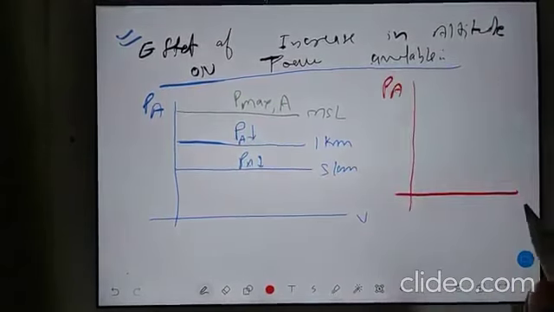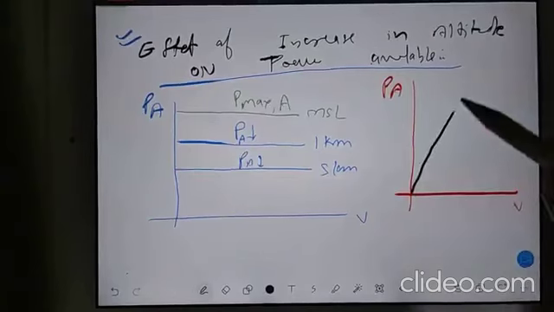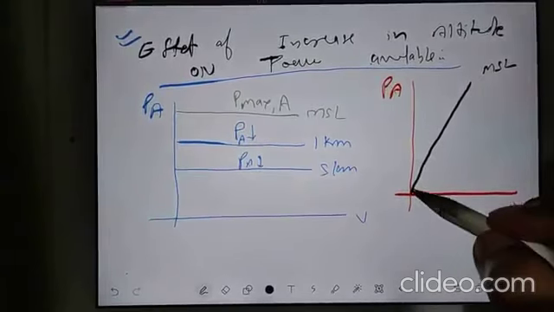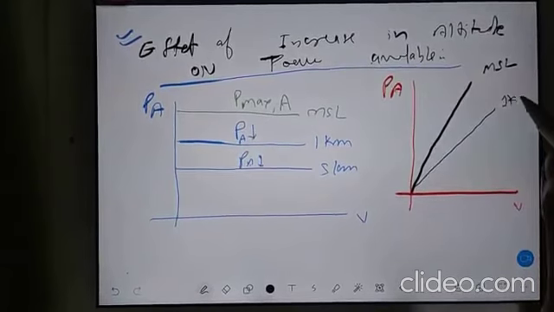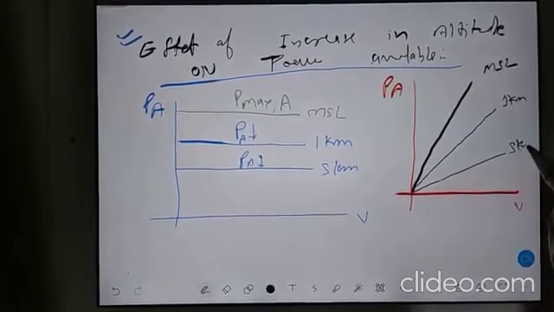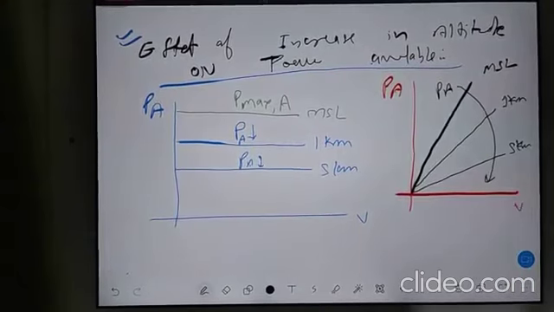Power available. So you have maximum slope at mean sea level, but when you will go to some other altitude, suppose 1 kilometer, then some other altitude, suppose 5 kilometer, here you have power available, it is decreasing in this direction.